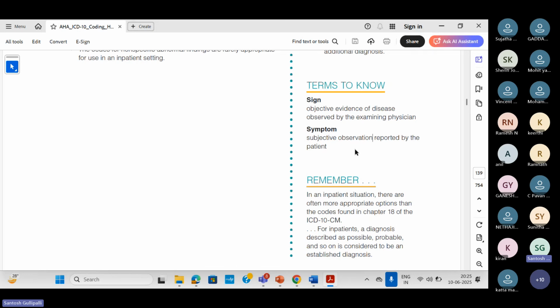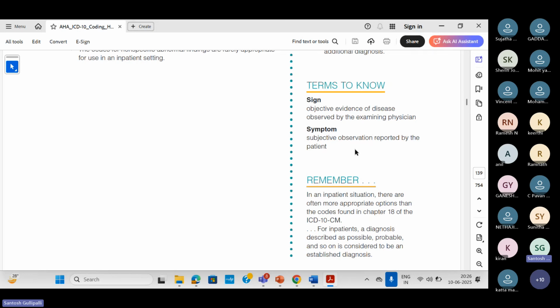As per guideline, the symptom is the integral part of the definitive diagnosis. Do not code symptoms separately along with the definitive diagnosis. The symptom is the integral part of the disease.